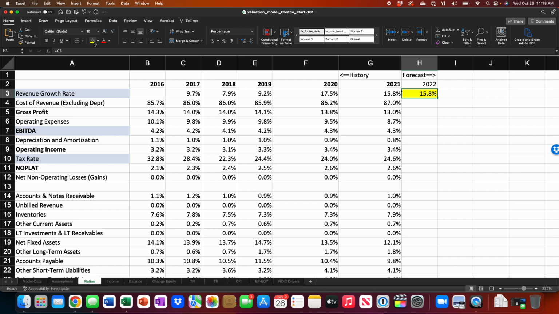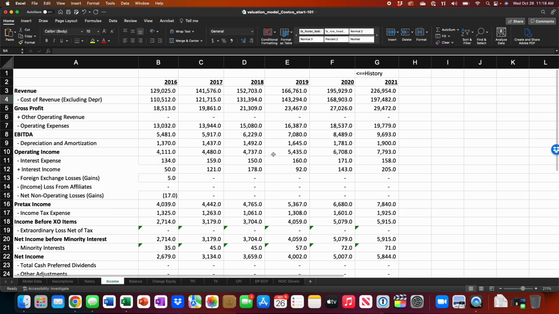Okay? Now, we're then going to go to the income tab, which is our formatted income statement. Starting with cell H1, this is my forecast. Let's put the word forecast, right. Equals previous year plus 1, so G2 plus 1. Right?